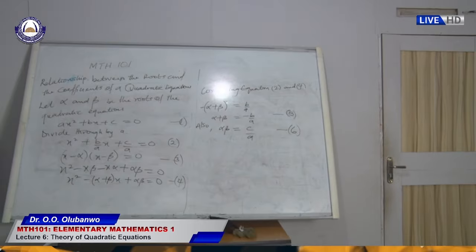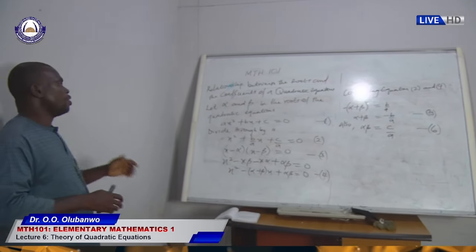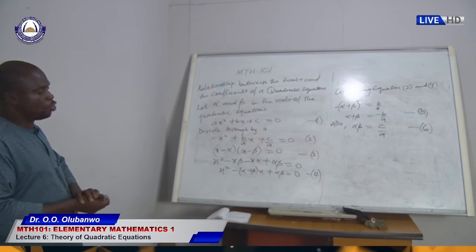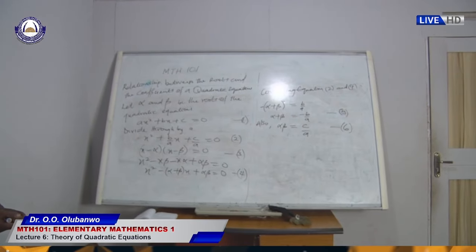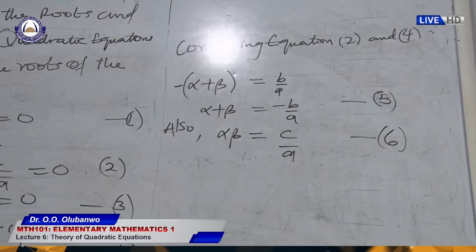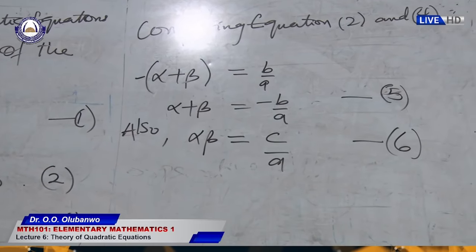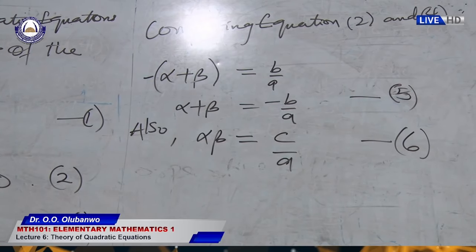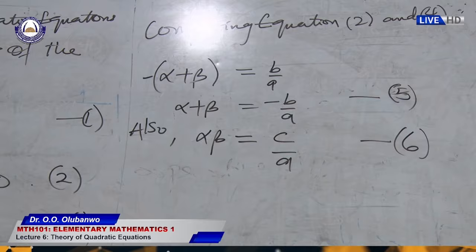Comparing equation 2 and equation 4, we obtain equation 5 and equation 6. Equation 5 says alpha plus beta equals negative b over a. Also, our alpha beta equals c over a.